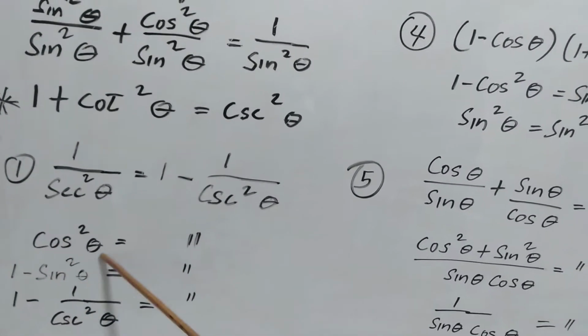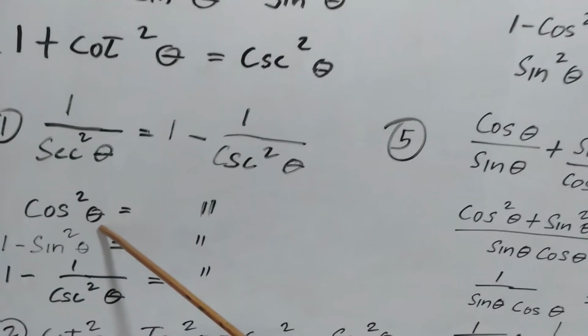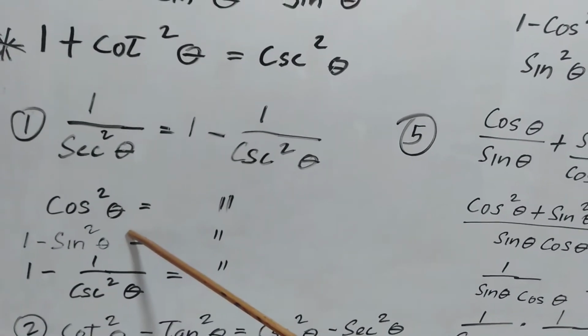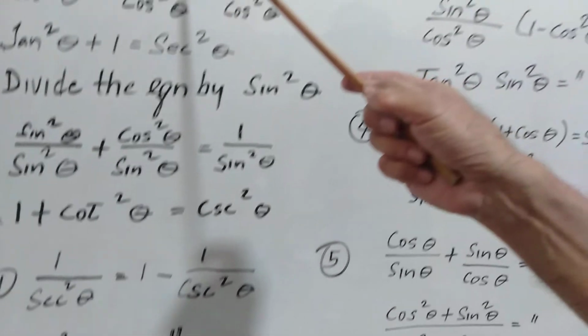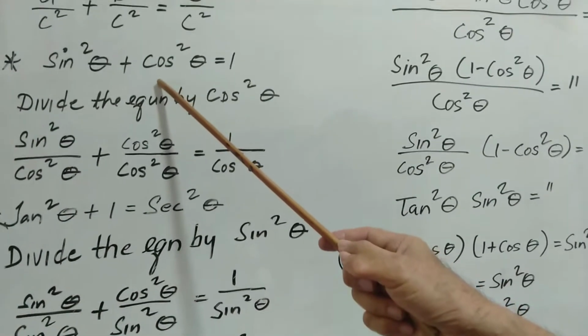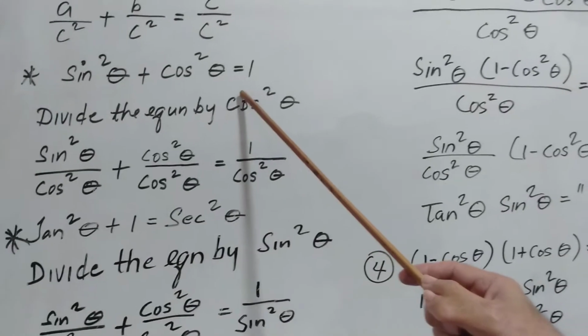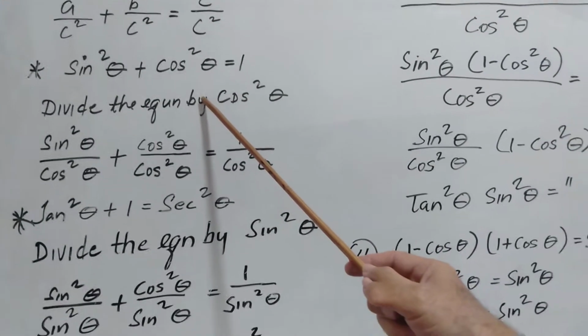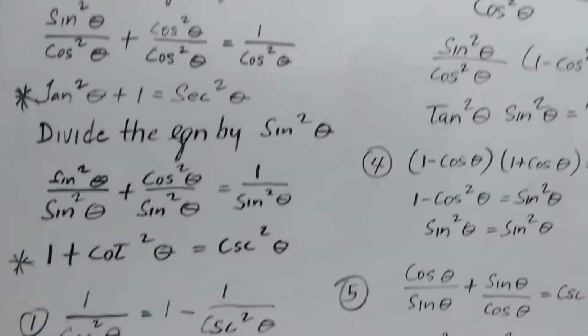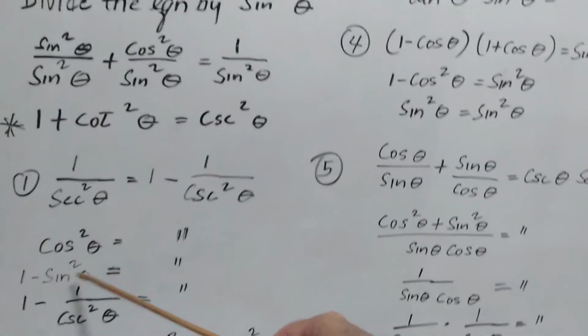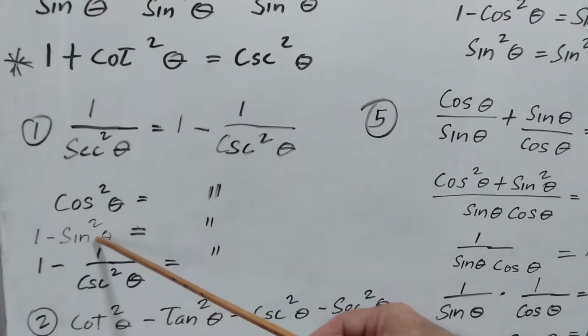As we derived lately from this relation, cosine squared theta is equal to 1 minus sine squared theta. So we convert cosine squared theta to 1 minus sine squared theta.